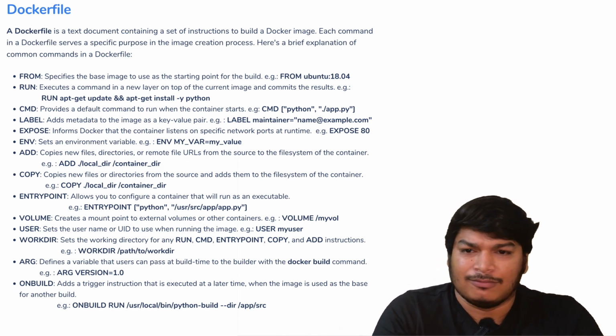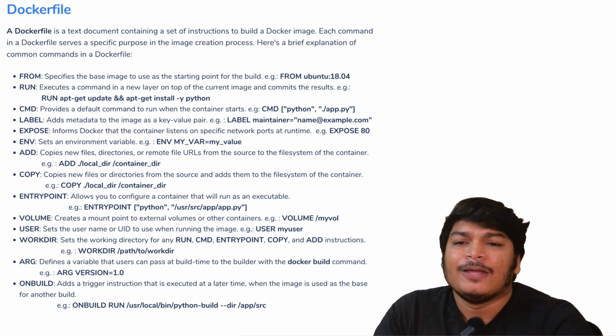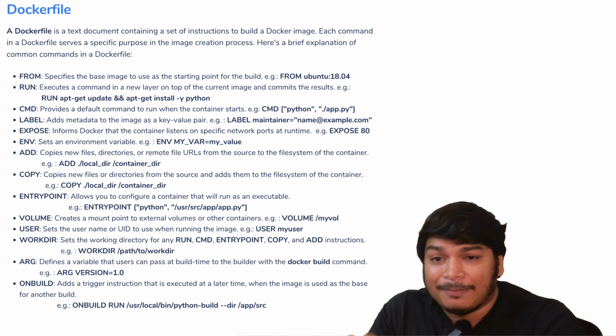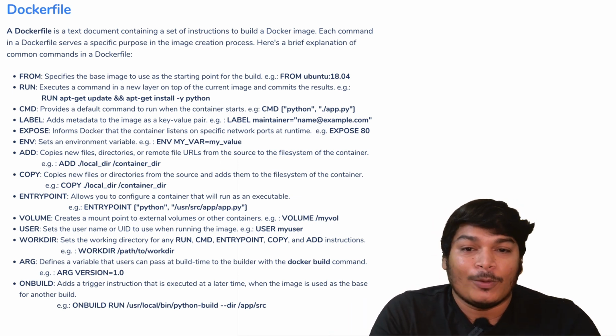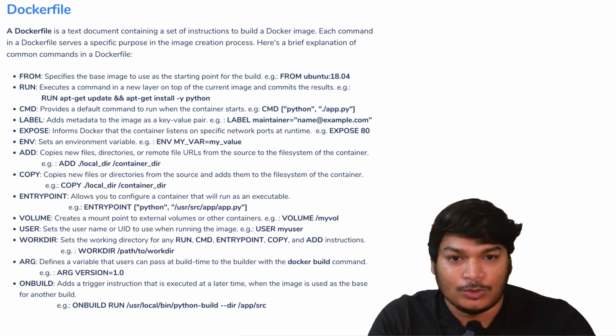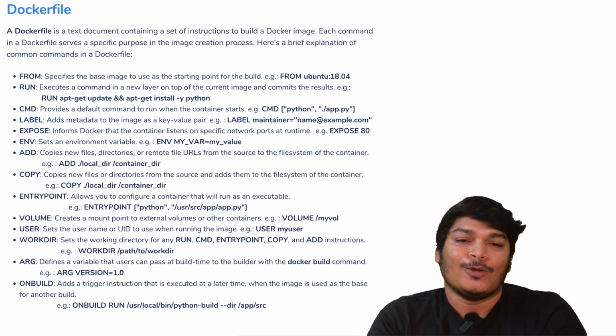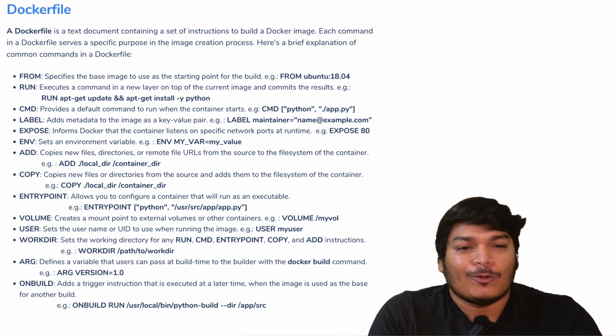So it will install Python, for example, in an Ubuntu 18.04 image. Then CMD. CMD provides a default command to run when the container starts. It will not execute immediately, it will only execute when you start the container. The good feature in this CMD is that you can override it.